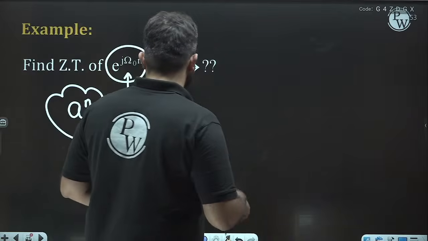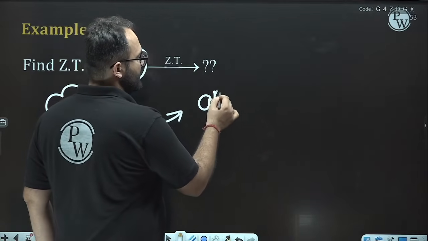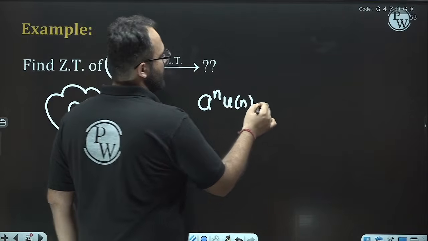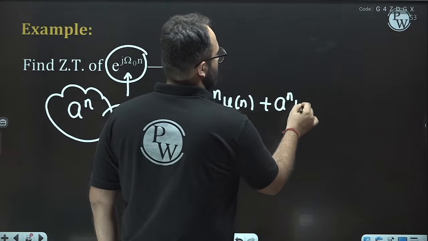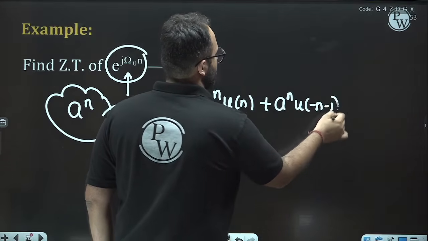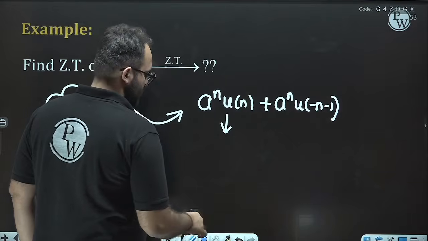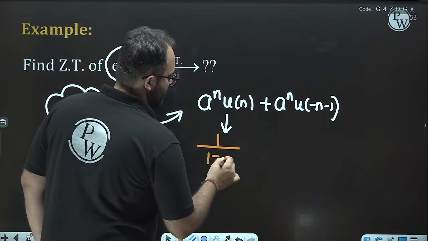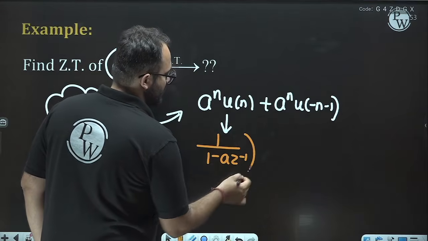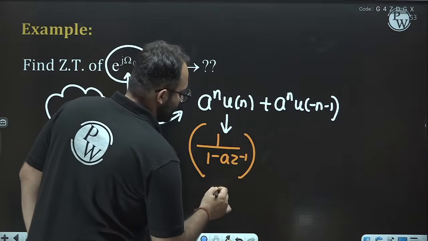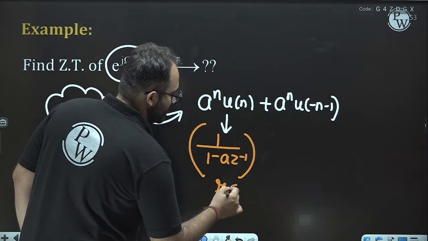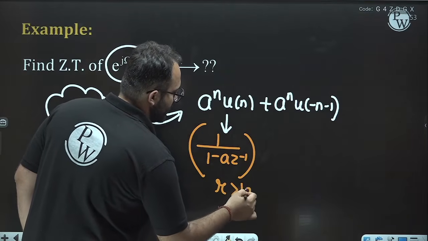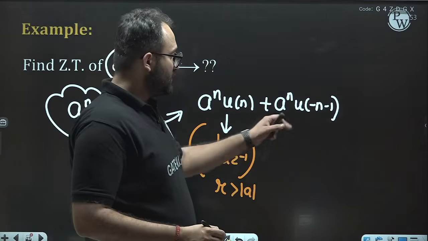So first of all we will break it into two parts, a to power n u[n], the right sided part, and a to power n u[-n-1], the left sided part. The Z transform of this will be equal to 1 upon 1 minus a Z inverse, and the ROC will be R greater than mod of a.